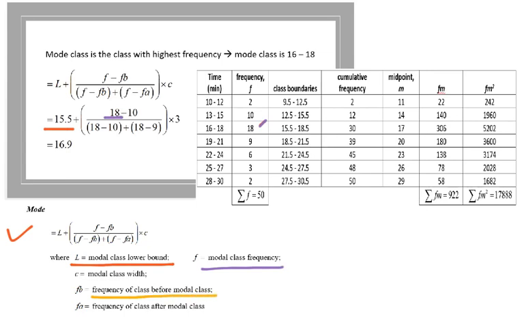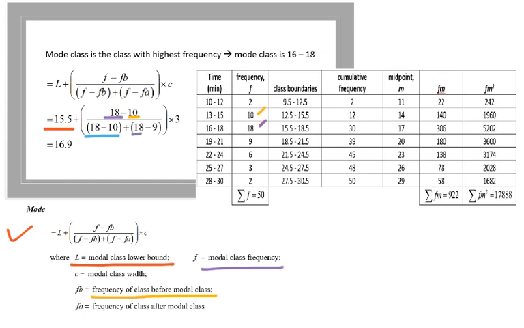Before the modal class is 13 to 15, so the frequency is 10. So we substitute 10 here. And then again we have F minus FB, so we substitute the same values, 18 minus 10. And then again we have F, the frequency for the modal class, so it's 18 here.